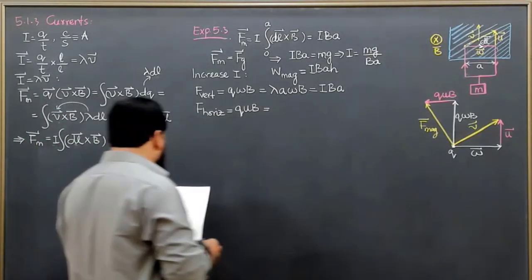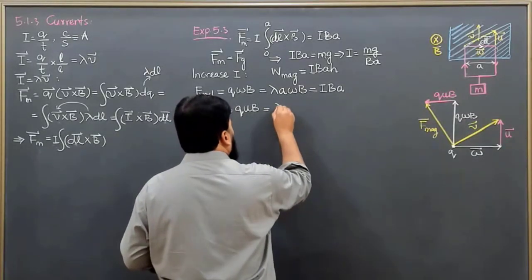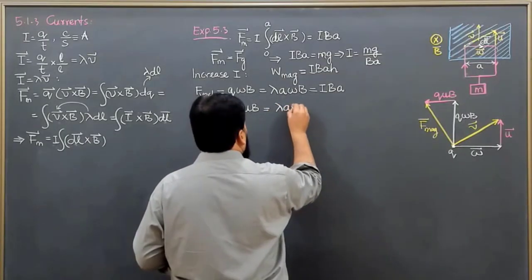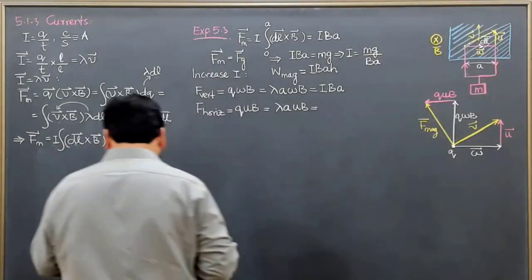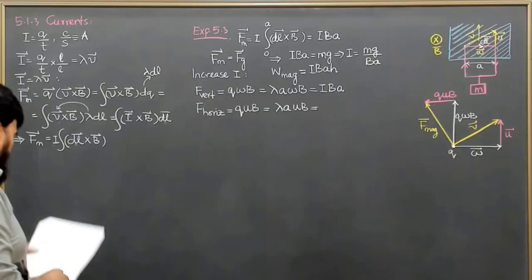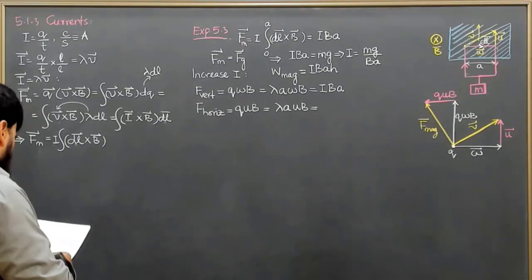And this is equal to lambda times a and UB here. Lambda a UB.